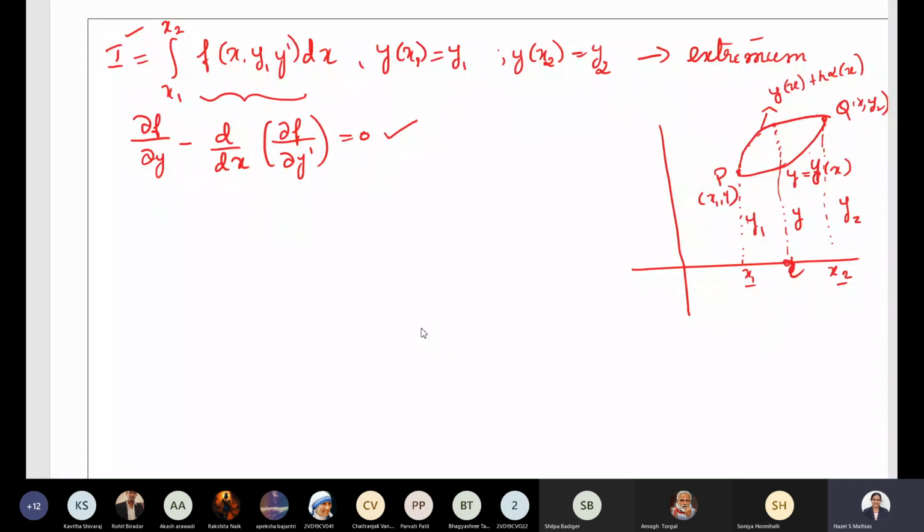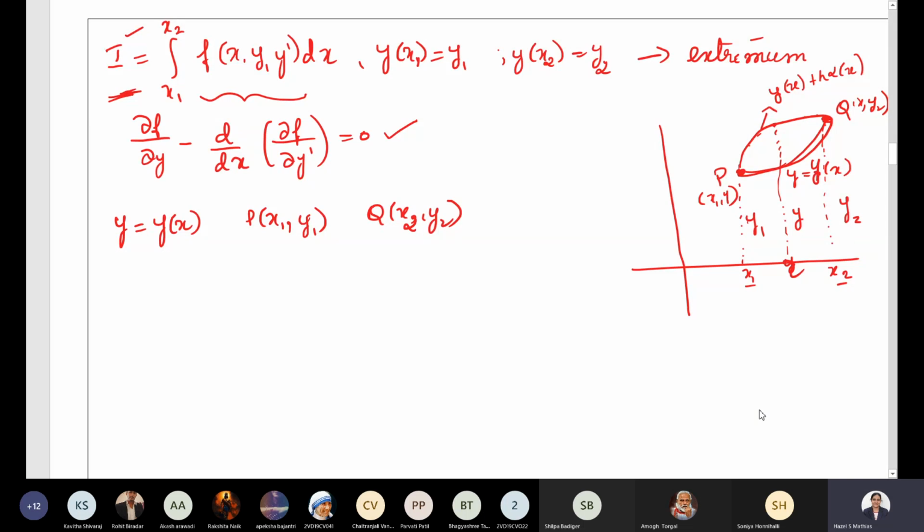Now we know that this integral I attains the extremum along some curve, say y equal to y of x, which passes through the points P of x1 comma y1 and Q of x2 comma y2.